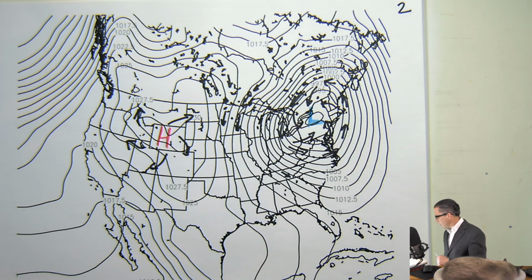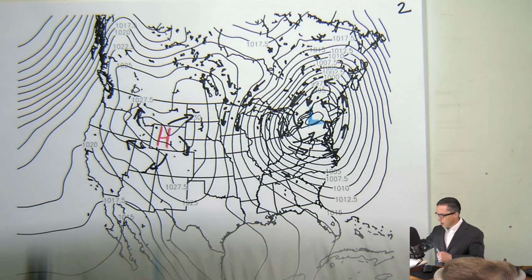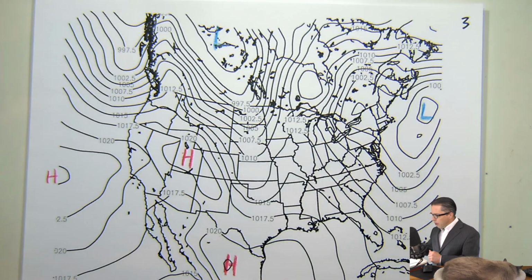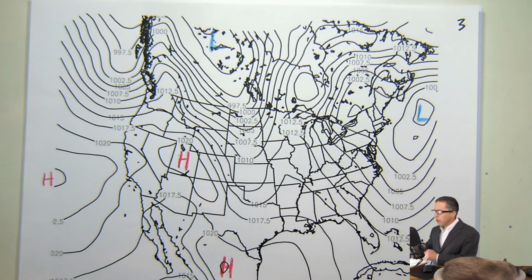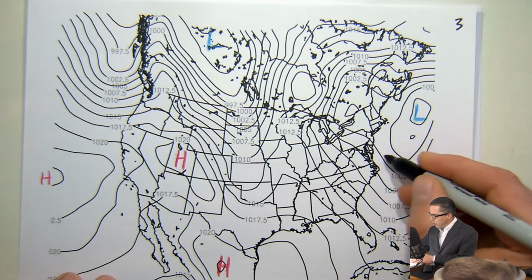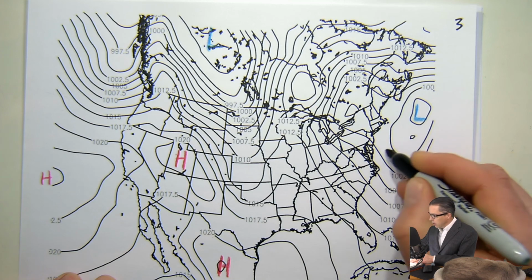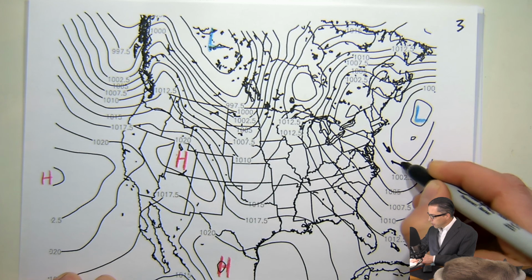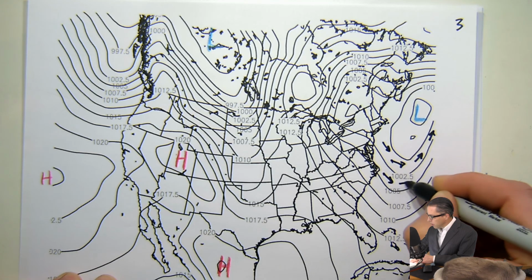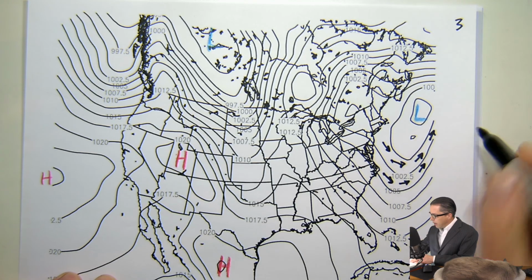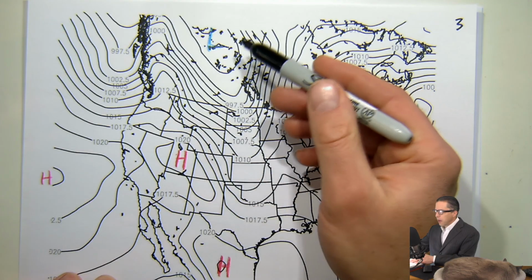Let's move on to number 3. So how would we deal with this trough? So in a low, let's look at this low out in the ocean first. You got counterclockwise around the low. So I can draw little straight segments around the low, like this, right? And it's no different around the low up here.